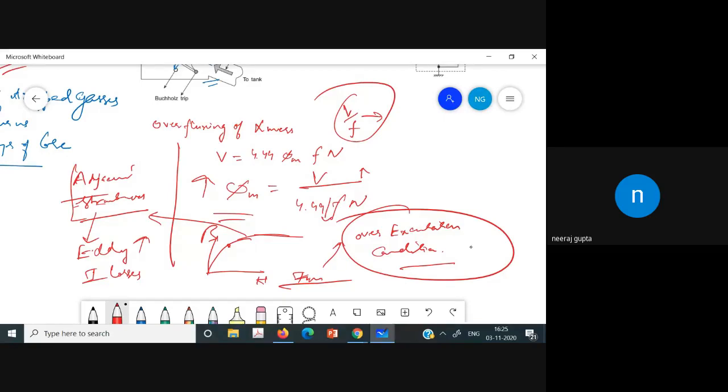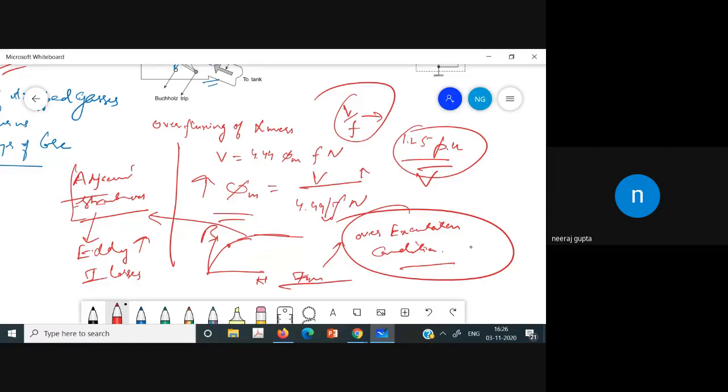For a transformer designed for a voltage limit of 1.25 per unit at rated frequency, it will experience overfluxing whenever the per unit voltage exceeds 1.25 per unit.